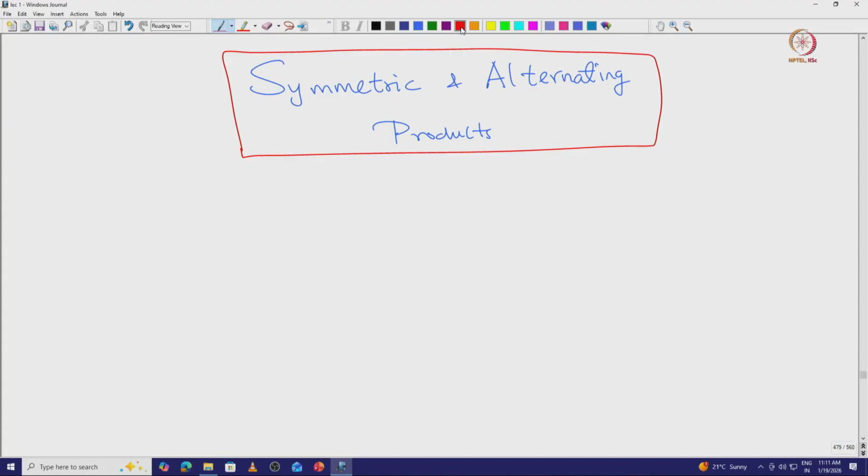Let us recall what TV is, the tensor algebra, where you have taken the direct sum of these graded spaces. TKV is nothing but the k-fold tensor product.